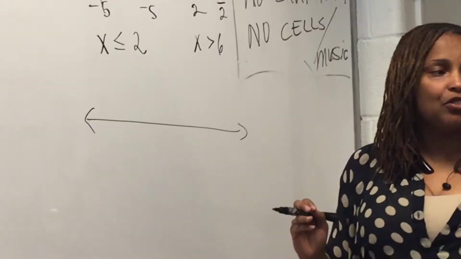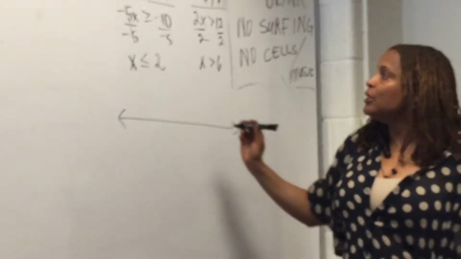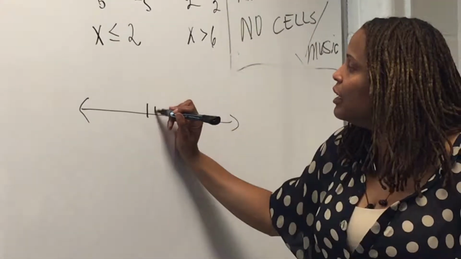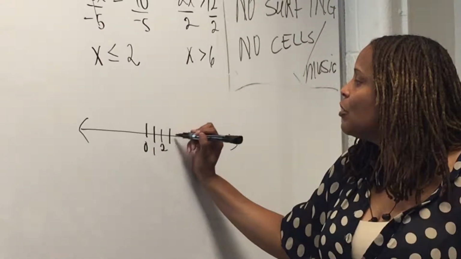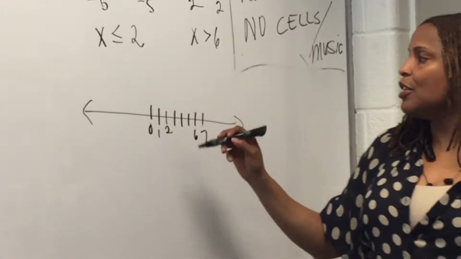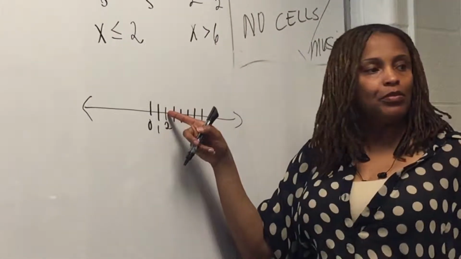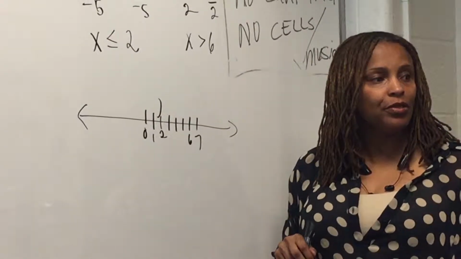Okay. So next, I'm going to draw a number line. I'm not directed to draw a number line, it just helps me to write my answer, okay? So for my solution, I need a 0, 1, 2, 3, 4, 5, 6. So x less than or equal to 2. There's going to be a parenthesis. Oh, is that a parenthesis?